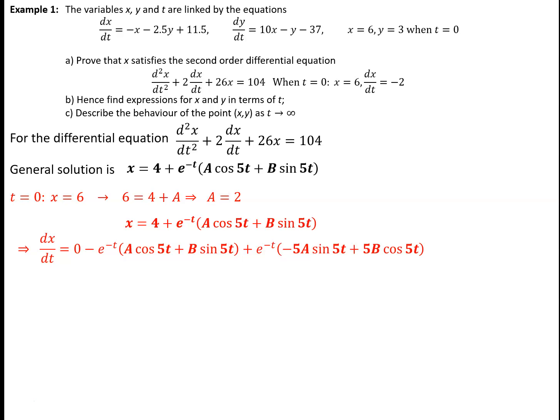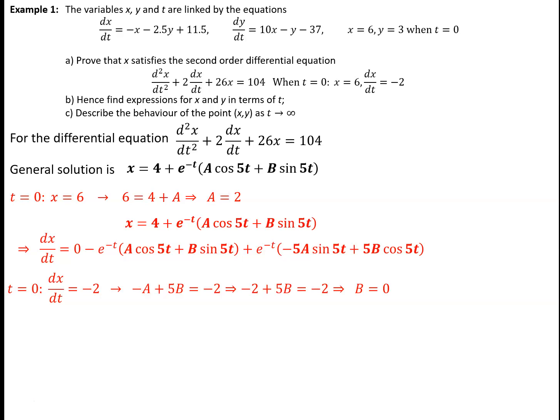Now, when t equals 0, we want dx by dt to equal minus 2. When t equals 0, cos 5t is 1, sin 5t is 0, so minus 2 has got to equal minus a plus 5b.